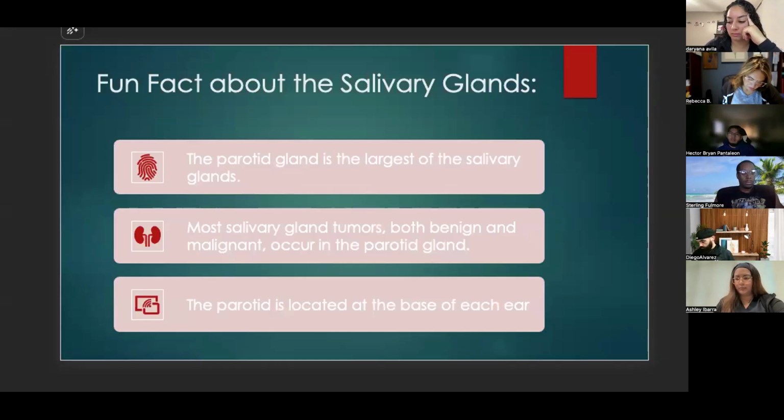These are fun facts. Sometimes I need to get this information in and I don't want to put it in 5 different slides, so I put it in fun facts, but it's things that I think you should know. The parotid gland is the largest of the salivary glands.